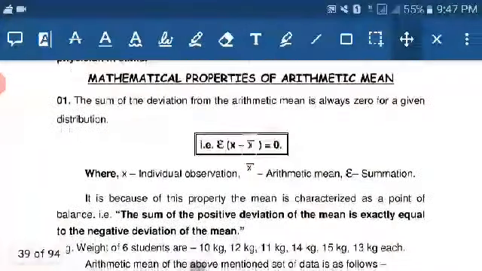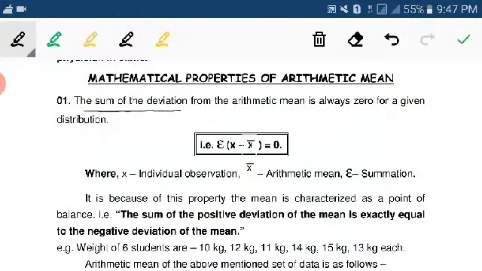Mathematical properties of the arithmetic mean. The sum of the deviations from the arithmetic mean is always 0 for a given distribution.